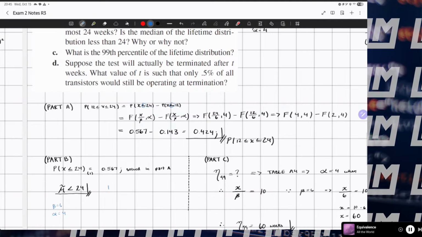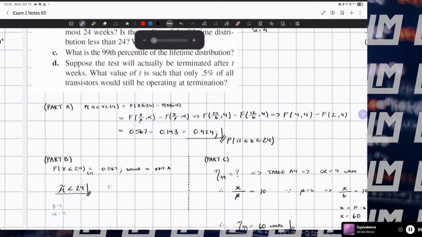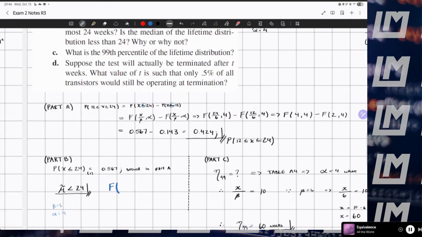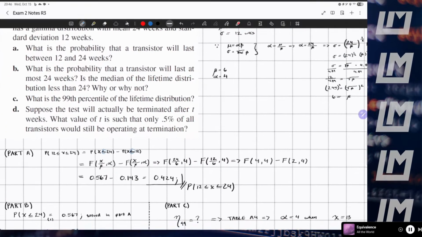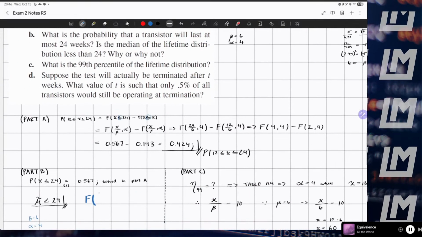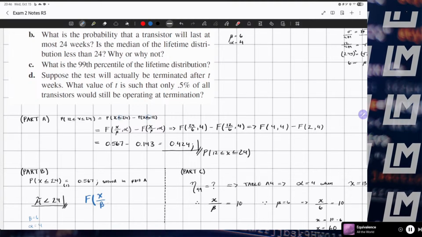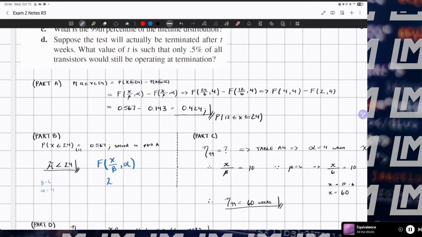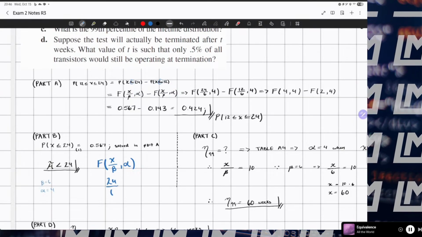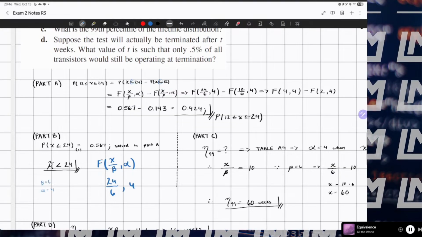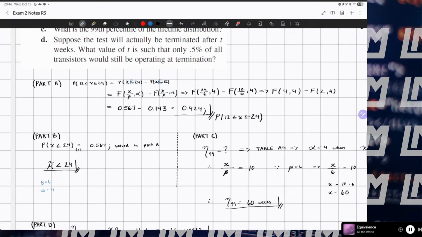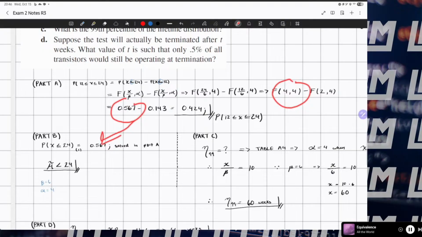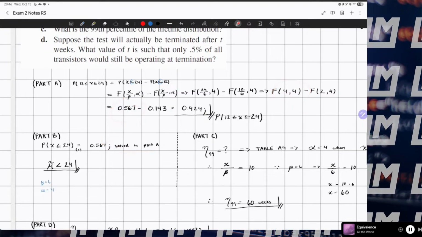So given that the formula is f of x, if you go to the formula sheet, it's x over beta and alpha. So this is the same thing, 24 over beta, and then alpha is 4, and you get that same thing, just like we got right here, 4, 4. Plug that in, and you get this value solved in part A.